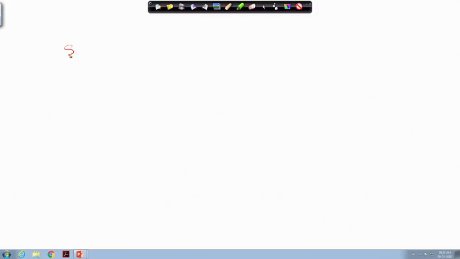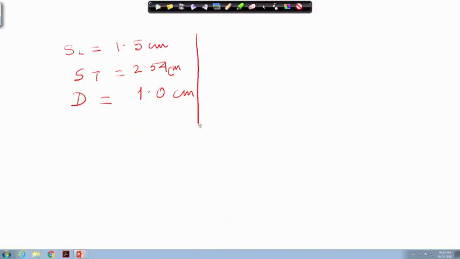We have already been given that SL, the longitudinal pitch, is 1.5 centimeter, ST is 2.54 centimeter, and the diameter is equal to 1 centimeter. First of all, we have to find out the fluid properties.